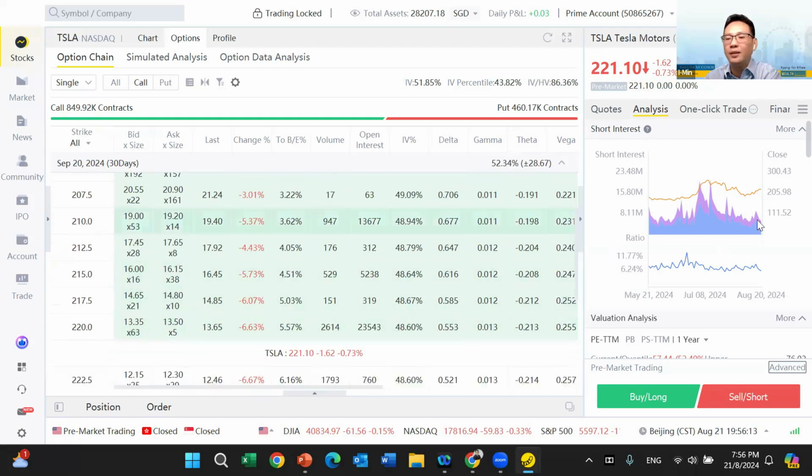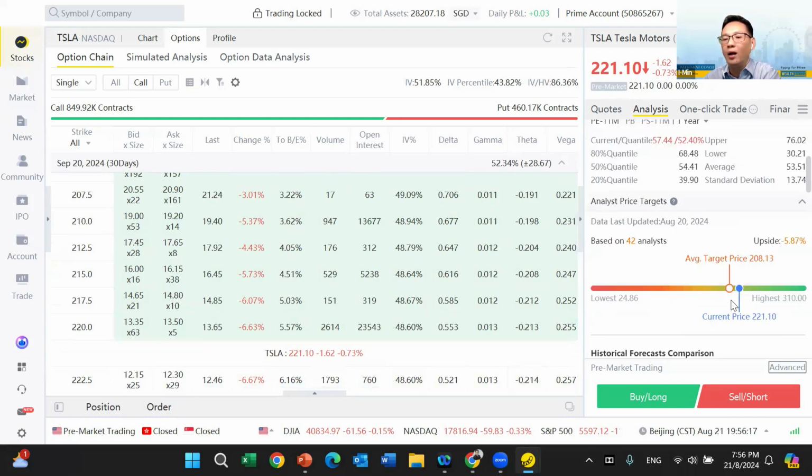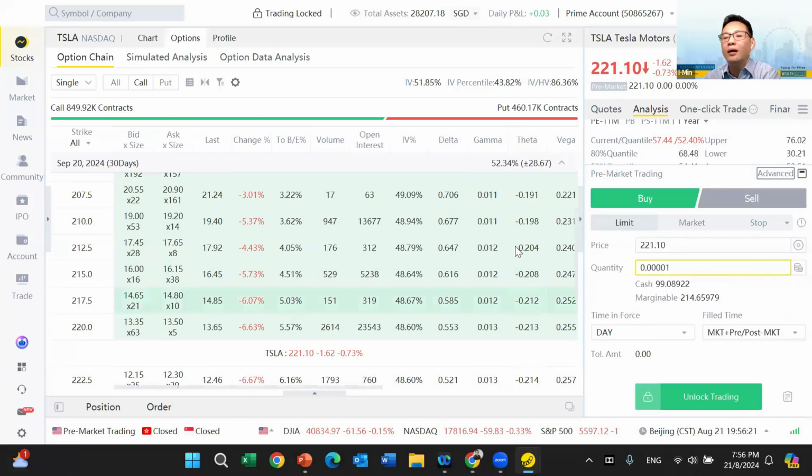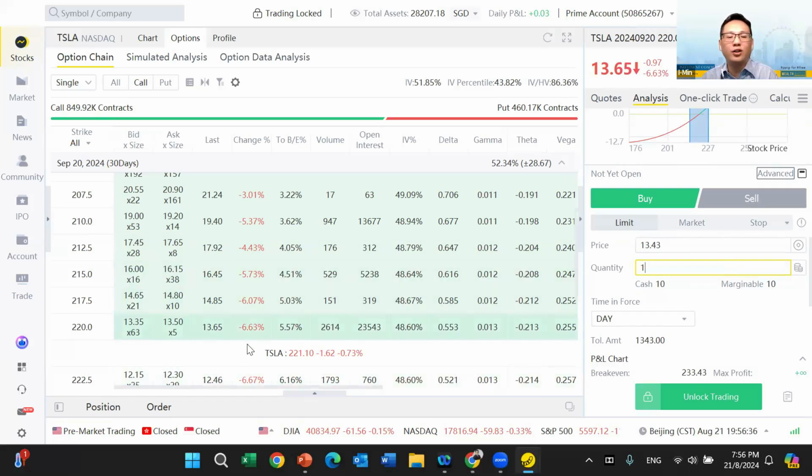Can you all see? So assuming I do this, my strike price is $220, the expiry is 1 month later, 30 days, and the option premium is $13.65.